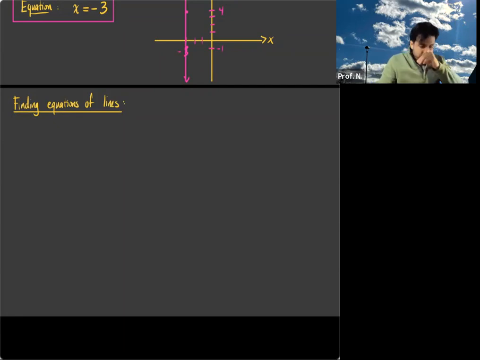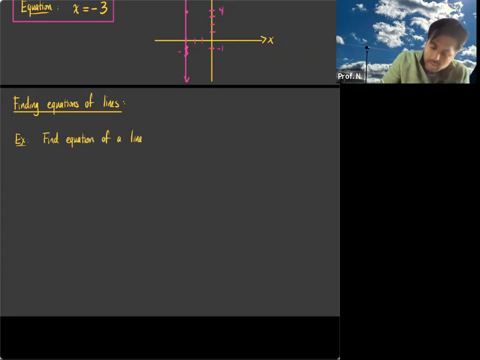So what if I want to find the equation of a line that has the following? The first thing is the slope.